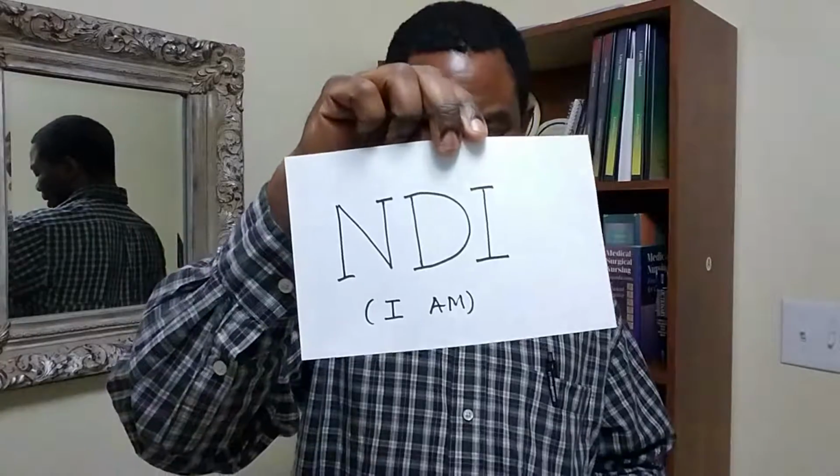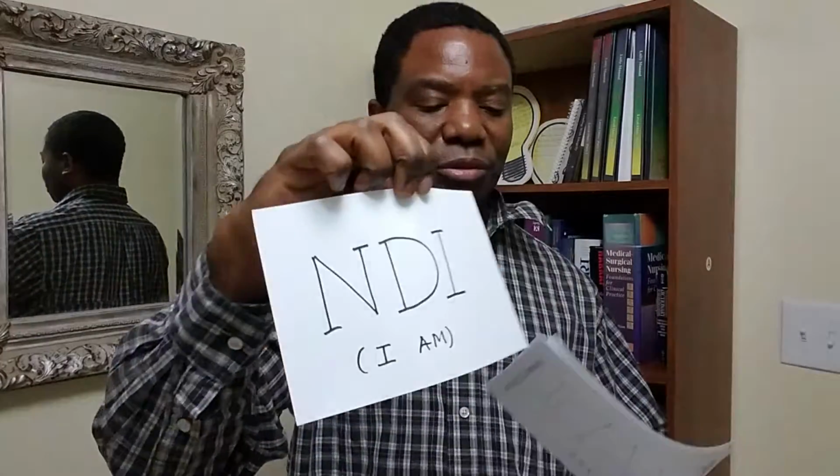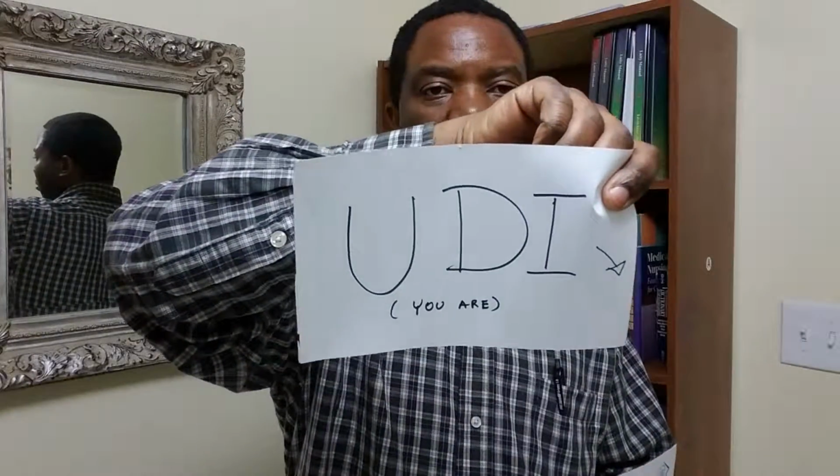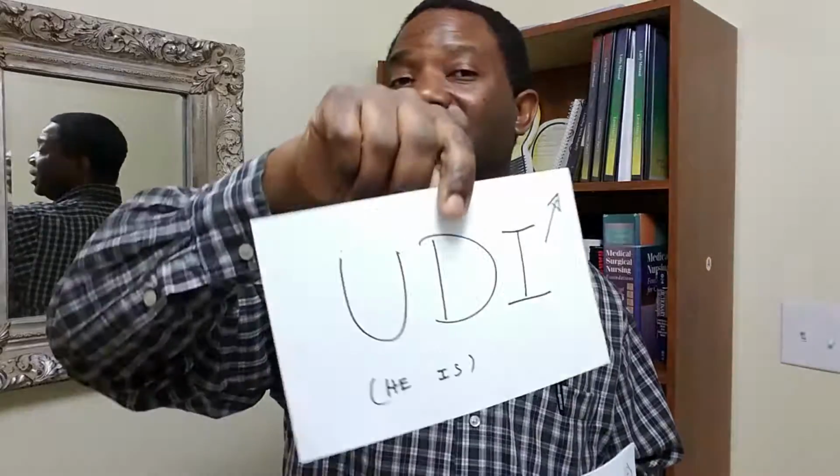Let's say ndi mwana. I didn't write that, but mwana means I am a child. Udi mwana, you are a child. Then the third one, udi mwana, he is a child.